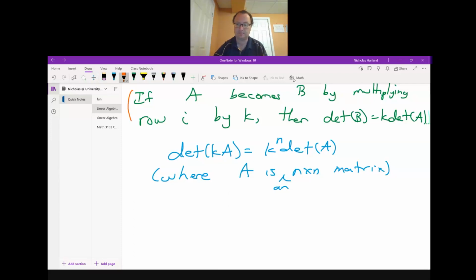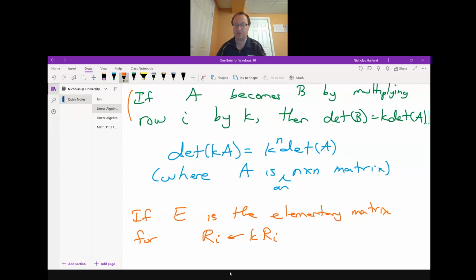Namely, if E is the elementary matrix corresponding to the above property, so for row I becomes K times row I, my question to you is, what is the determinant of E?